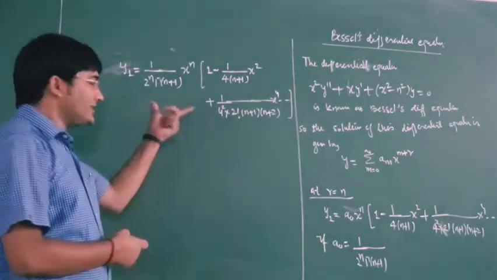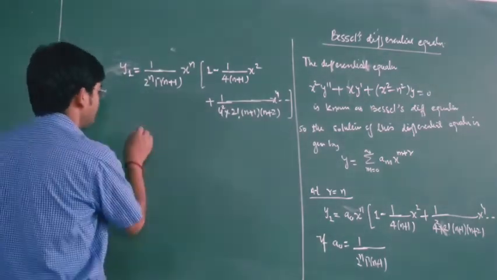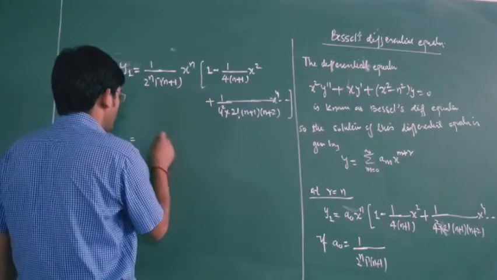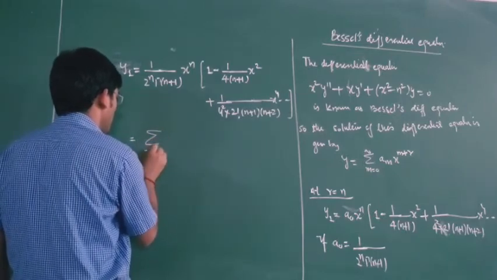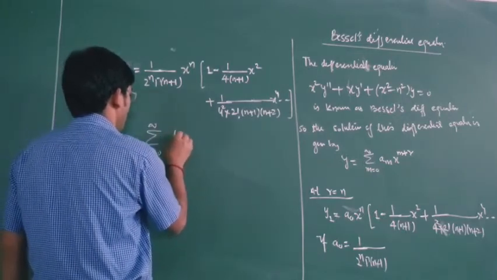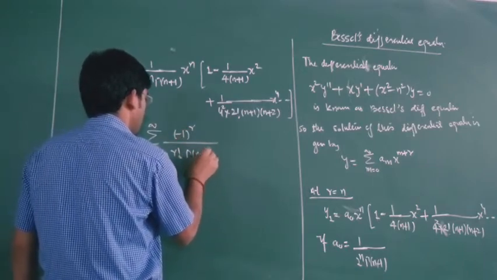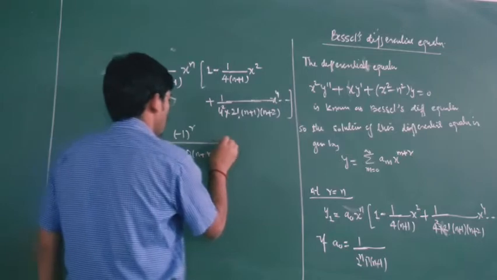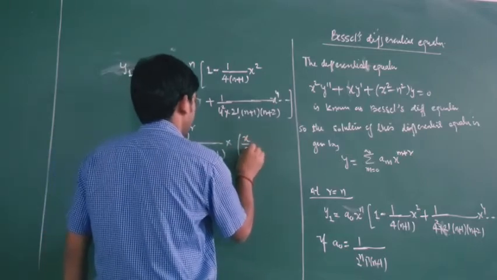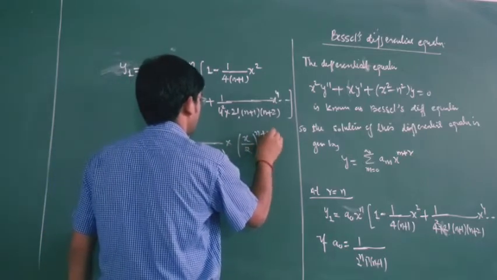Okay. Now this solution can be written as summation r equal to 0 to infinity (minus 1) to power r upon factorial r gamma (n plus r plus 1) into x upon 2 power (n plus 2r).